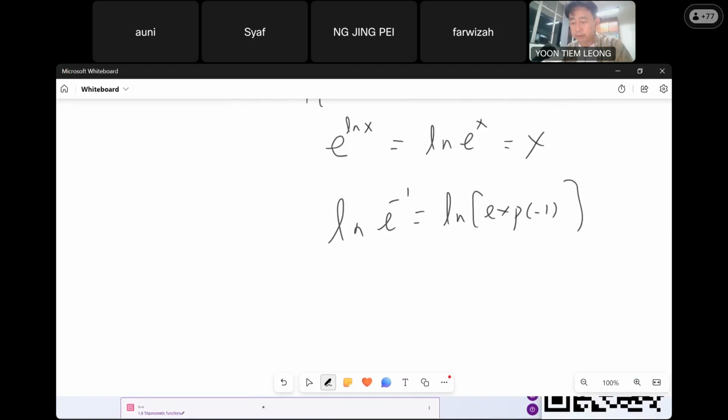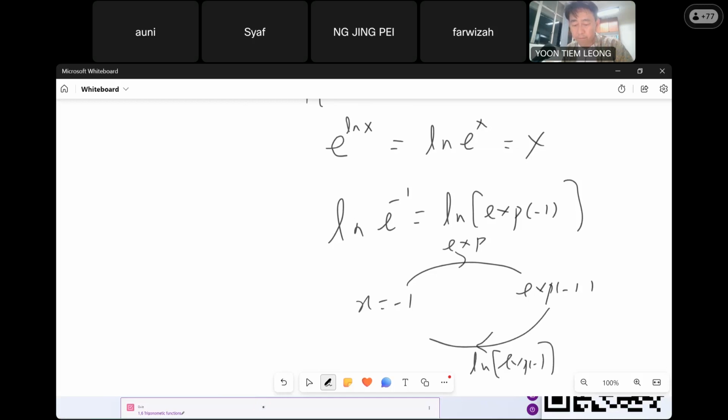So this is like you have an x equal to minus 1, you put it into the exponential function of minus 1. Then you take the log of the whole thing. And finally, what you get is that you go back to the same place. So the exponential goes to here, and the log brings you back from the exponential to the original point where you started off. So it is equal to minus 1.